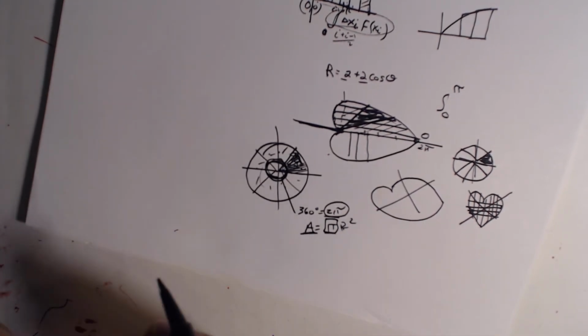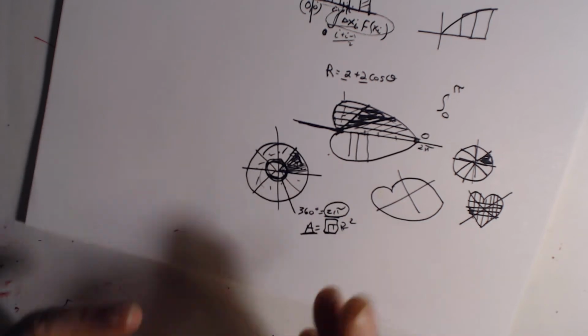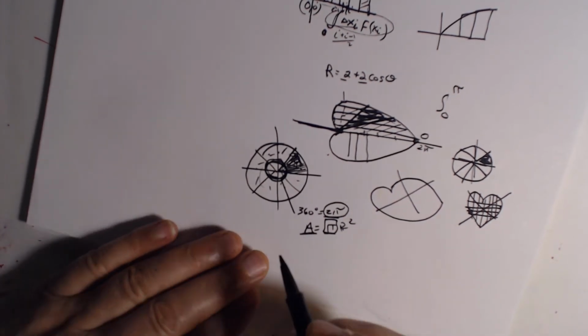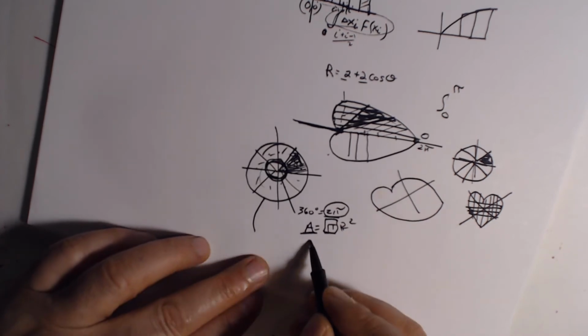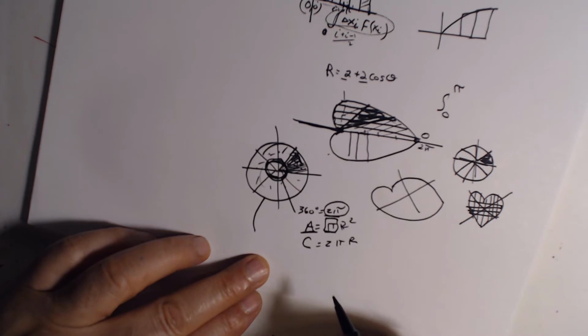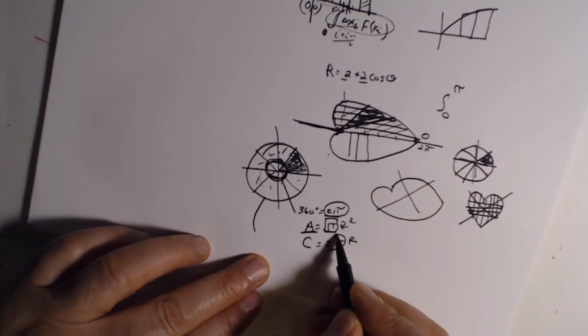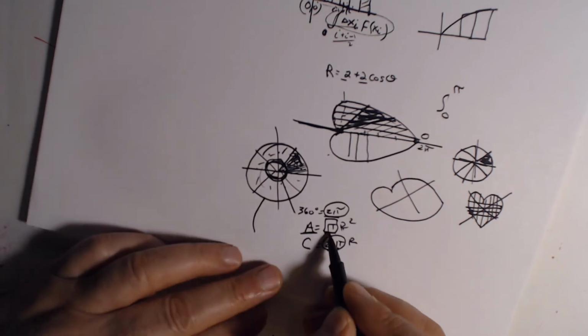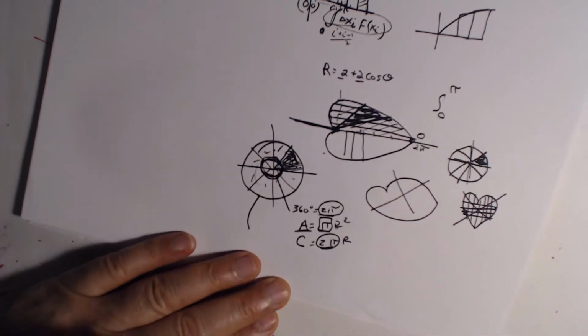This goes back to geometry, cutting it in pieces and changing it to a trapezoid and things like that, but just remember it's half. But the distance around the circumference is 2 pi r. The distance or arc length always eats up all the angle, but area is half.